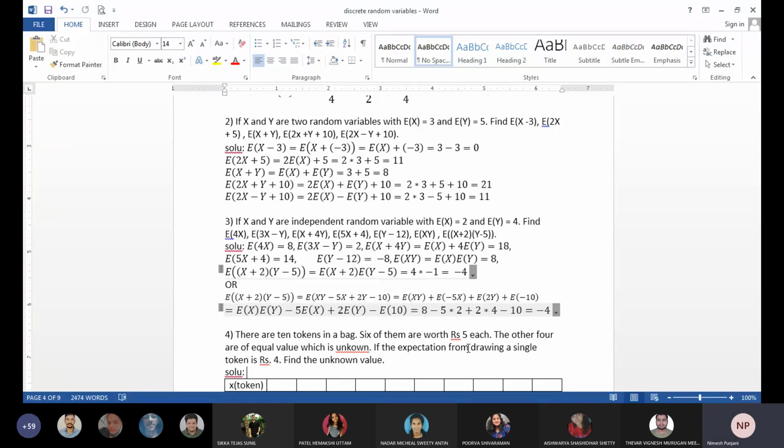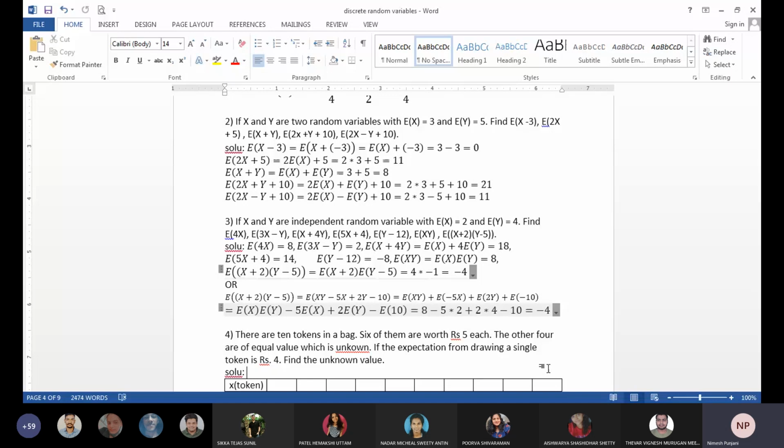If the expectation from drawing a single token is 4, you have to find what is the unknown value. So again I repeat, token is similar to your coin.